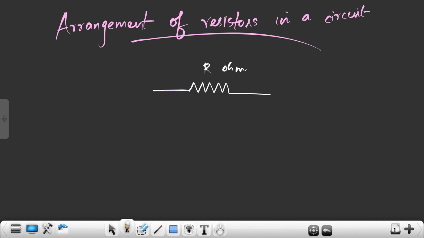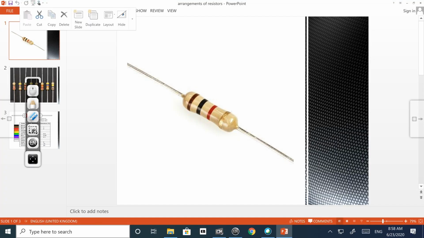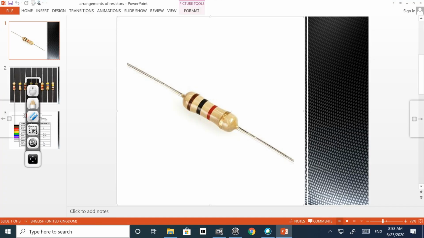Then, do you know how a resistor actually looks? This is a resistor. By seeing the figure itself, we can say it is a two-terminal electrical component, or it has two legs.